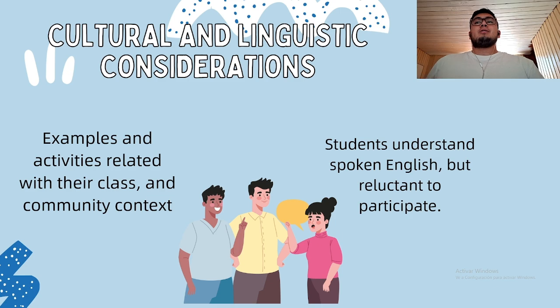And also, the students understand spoken English, but they are reluctant to participate. They have a good level of English between A1 and B1, but in the majority of cases, between A2 and B1.